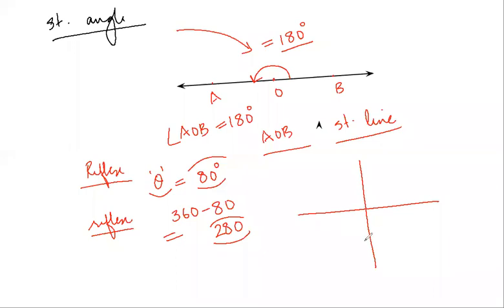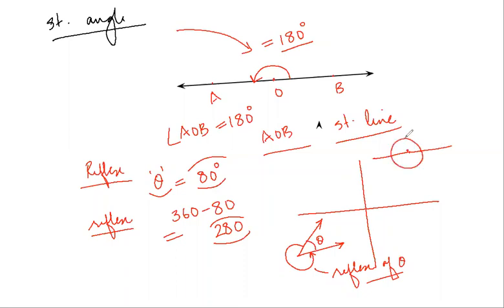Now, students, let's say this is the angle theta. So what will be the reflex of theta? It will be this angle, which is 360 degrees minus theta. Whenever you draw a circle, what is the complete angle?